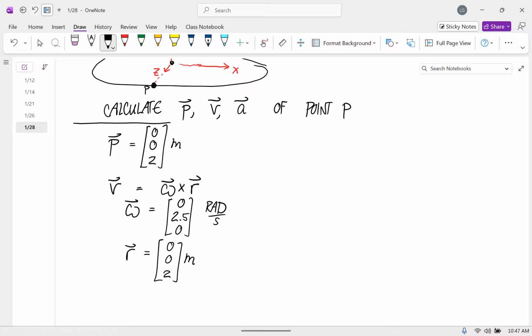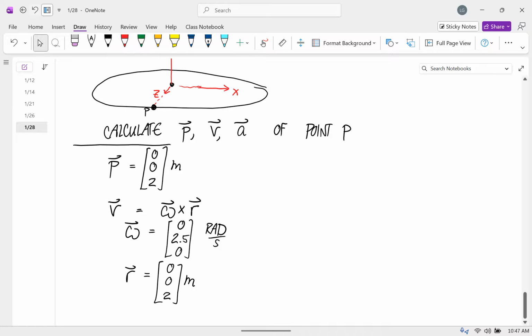And I have a question about that. Does r always have to be the same as the position vector? No, otherwise I would just have the position vector in the equation. Remember, the position vector goes from the origin to the point you care about. The r vector goes from the center of the circular motion to the point you care about.